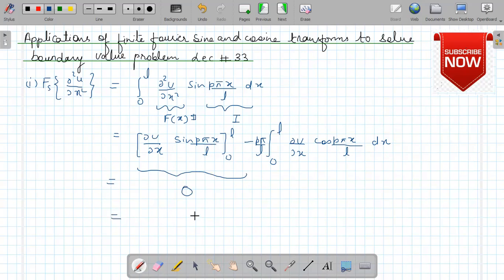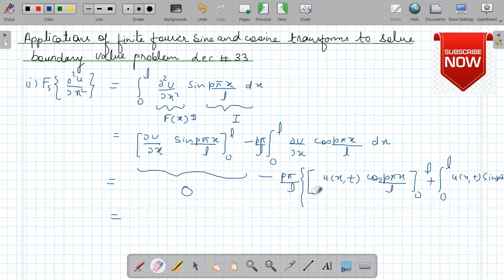So we have minus p pi over L, u(x, t) cos p pi x over L from 0 to L, minus the integral of u(x, t), because the derivative of cos is negative, so we have a positive sign here, sine p pi.